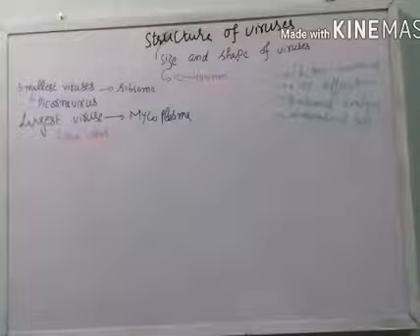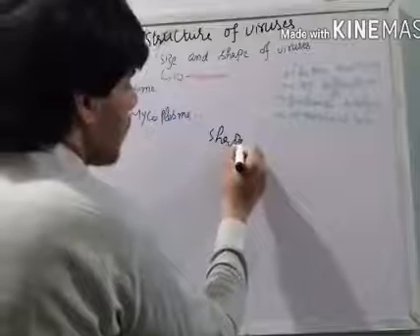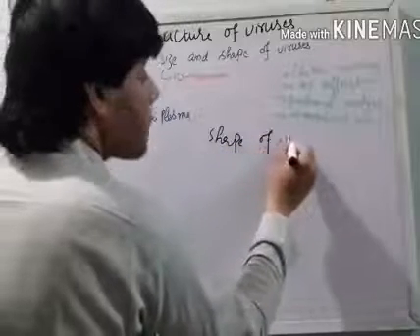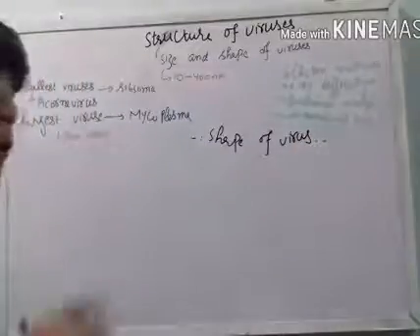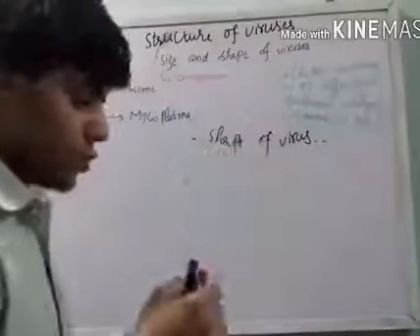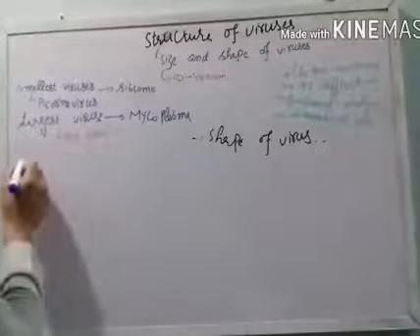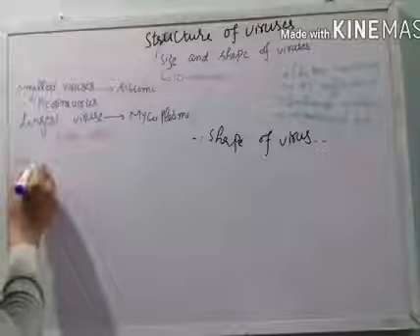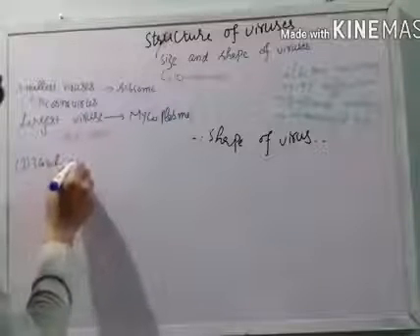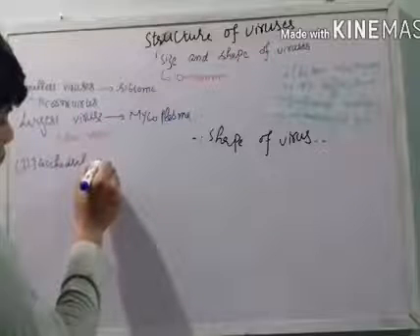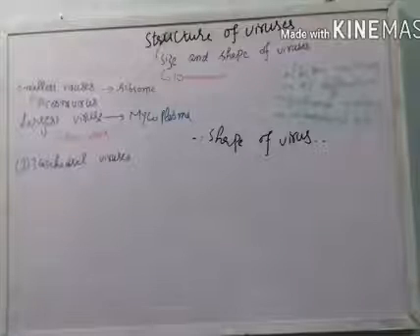Now let's talk about the shape of viruses. Viruses usually have three main shapes. Let me write it for your understanding. First we have the icosahedral shape. We have the icosahedral virus.